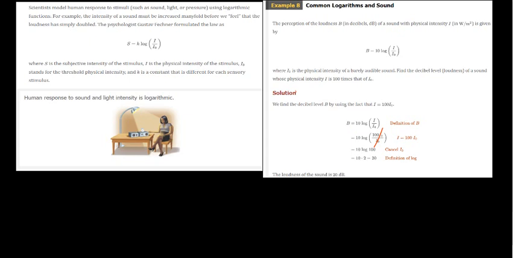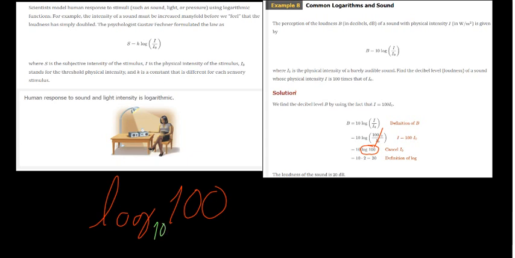And let's actually look at this. 10 log 100. Look at log 100. Well, what does log 100 equal? Obviously it's 2, but how do we get to 2? Again, the base here is implied, but it's a 10 there.